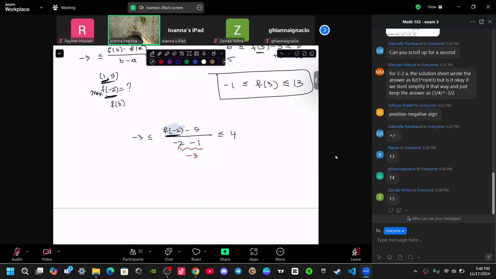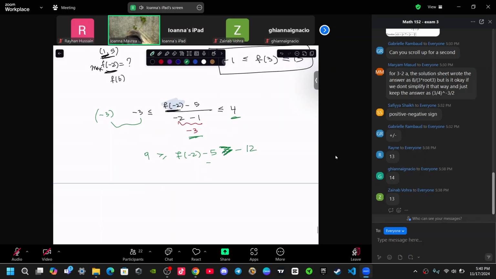Anyway, when you get rid of it by multiplying everything by -3, that's a negative number, so you need to change the direction of the inequality. So you're going to have 9, and of course, don't forget to correctly figure out the sign. Multiplied by -3, I get -12. And I'll get rid of the 5.